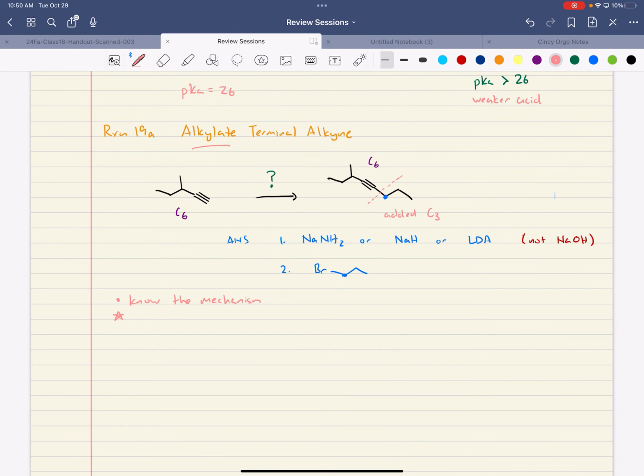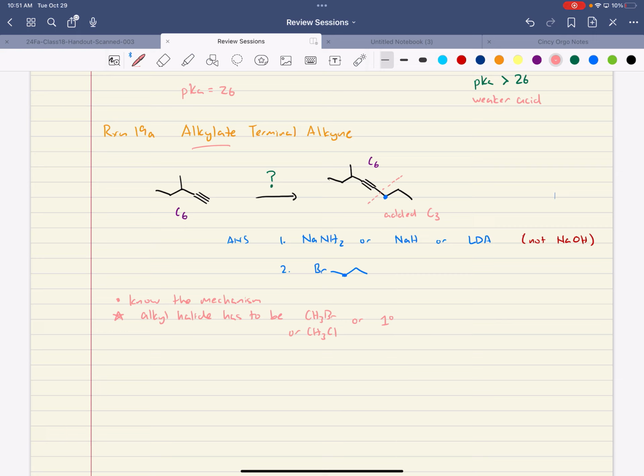Running out of charge. So the alkyl halide has to be very uncrowded, like CH3Br or CH3Cl, or primary.